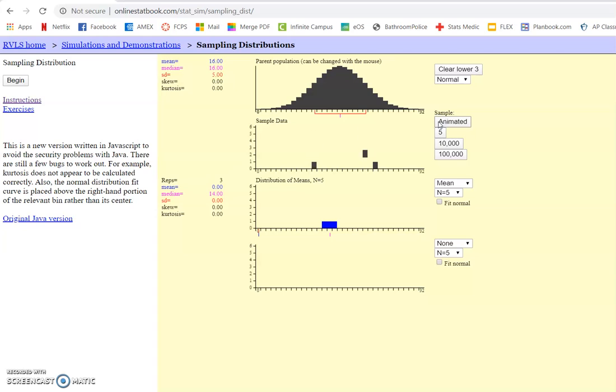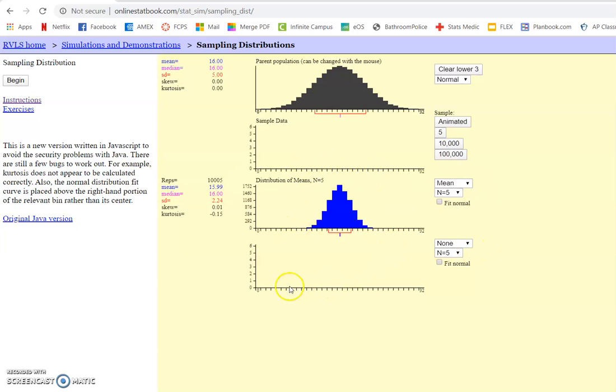We can go again. So I can continue taking samples and then recording. Now here we have 2 times that we had a sample with a mean of 15. So I'm going to click the 10,000 box, and we're going to take 10,000 samples.